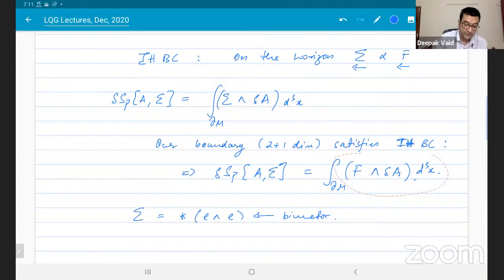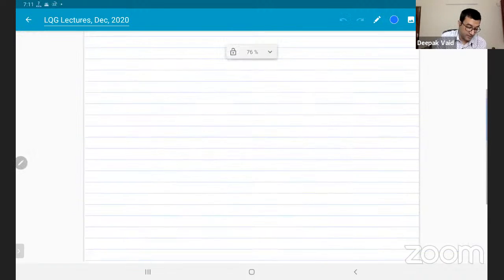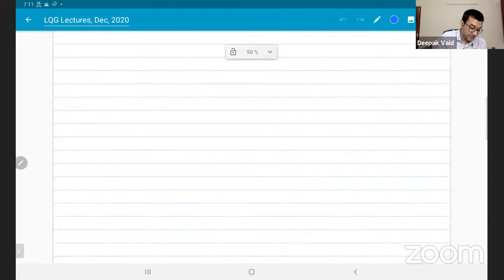Okay, it looks like F wedge dA. And again, as a trace, I should not forget that trace. F wedge dA.